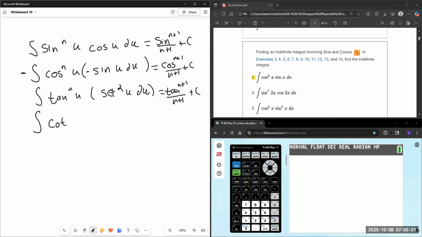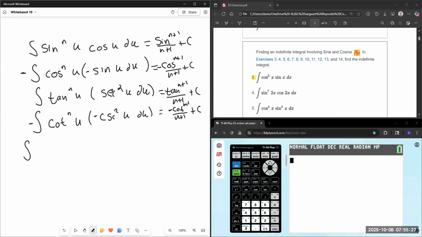Cotangent to the n u, cosecant squared u du, and we can fix this with a negative, and then that's going to be negative cotangent to the n plus 1 over n plus 1 plus c.